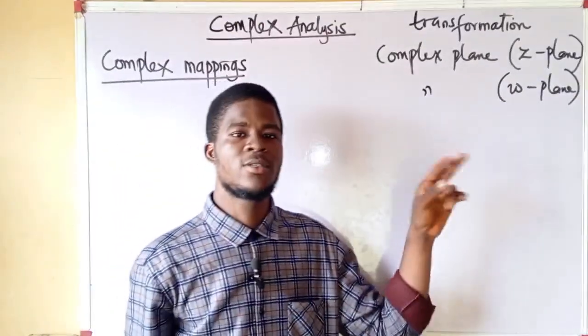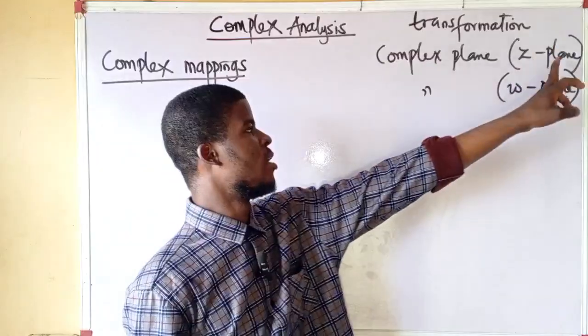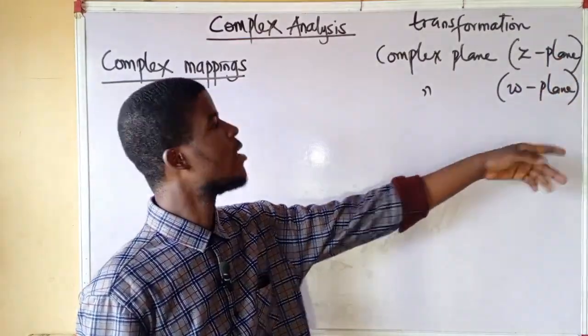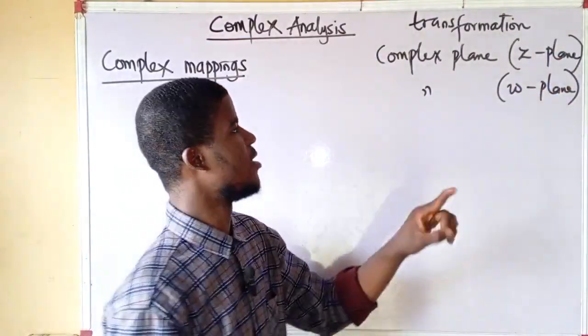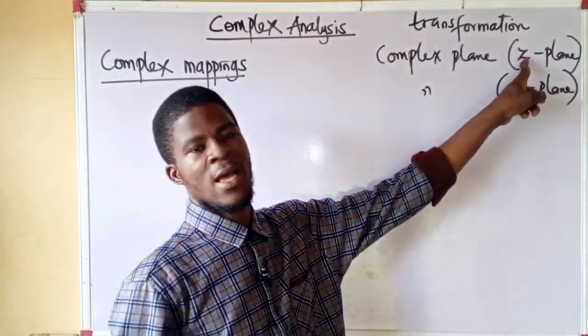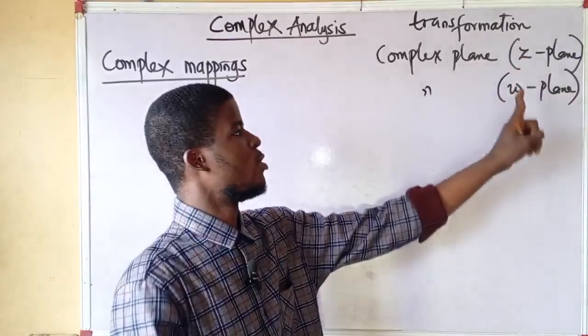In complex mappings, two planes are involved, the Z plane and the W plane. Points are taken from the Z plane and mapped onto the W plane.